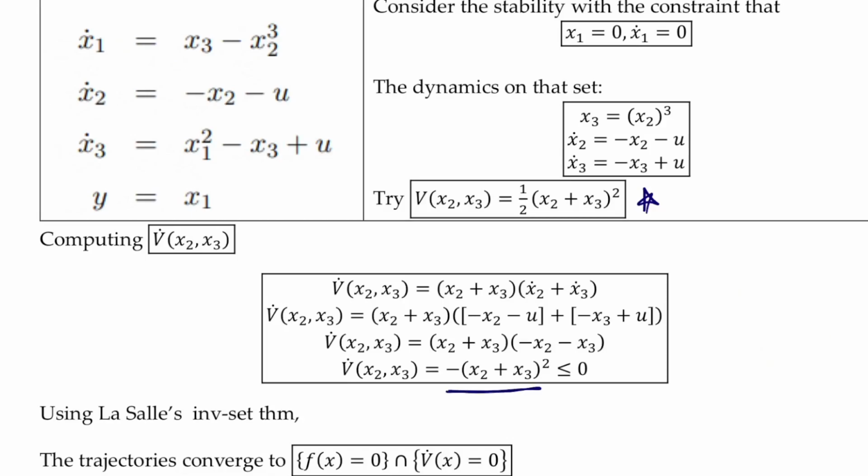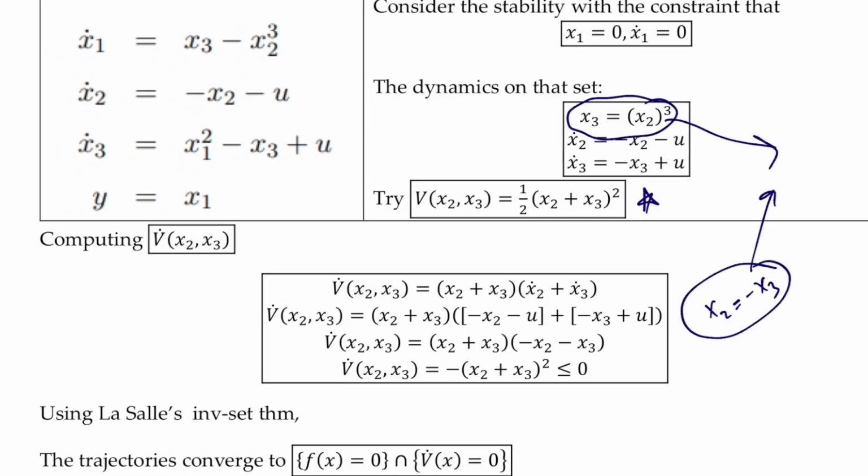So this is the following. And again, like I stated here, this is not negative definite, but negative semi-definite. However, the same situation arises where the only time V dot is 0 is on this set. And since we also have this constraint, the intersection of these two is this.